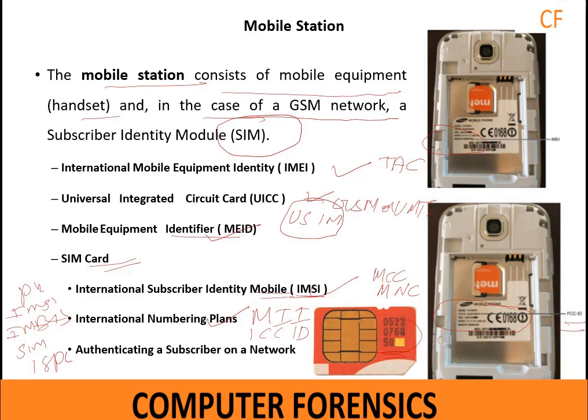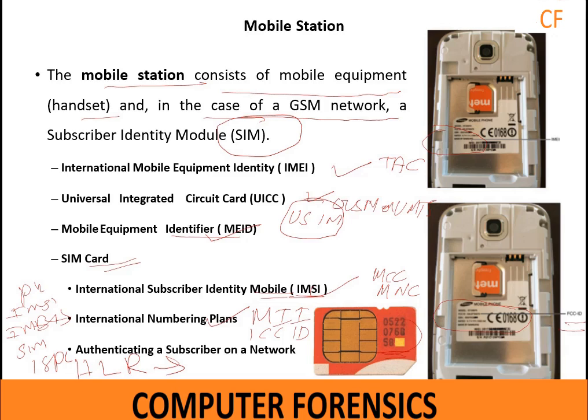Next, authenticating a subscriber on a network. The mobile switching center is where the user information passes to the home location register. The home location register is a database of a carrier's subscribers and includes those users' home addresses, IMSI, telephone numbers, SIM, ICC ID, and services used.